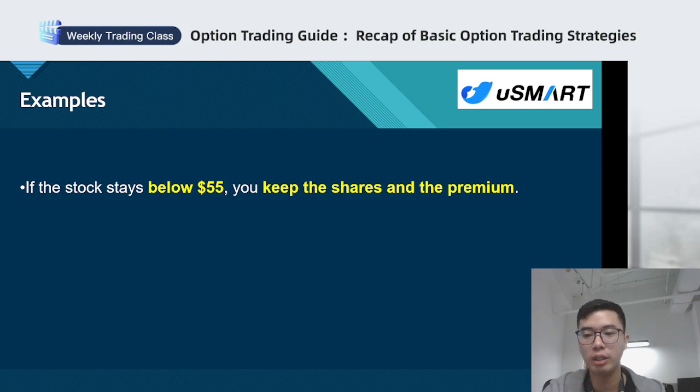On the other hand, if the stock stays below $55, because you opened the strike price at 55 and you wish to take profits at 55, the call seller is only obligated to sell the stocks to the buyer if it hits. So if the stock stays below 55 and never hits 55, you keep your shares because you didn't have to sell them, and you get the premium.